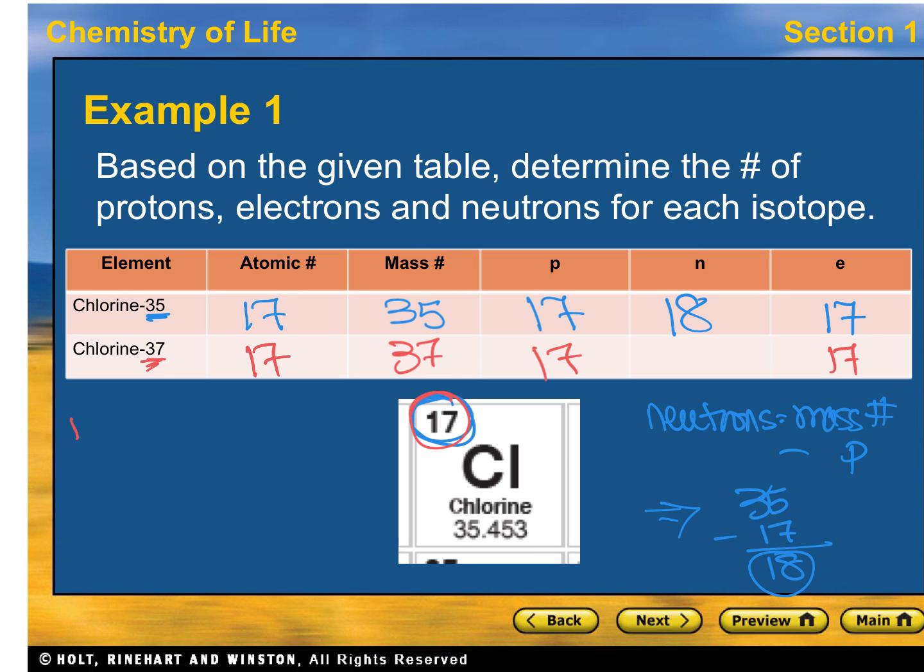Now, to find my number of neutrons, this is my mass number minus my protons, or 17. Mass number is 37 minus 17, which gives me 20.